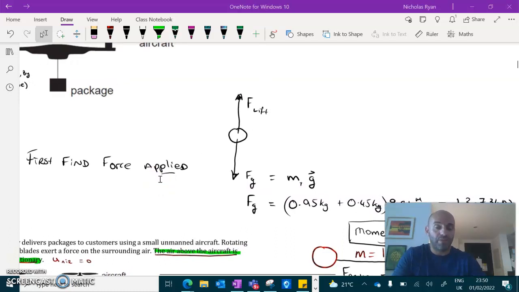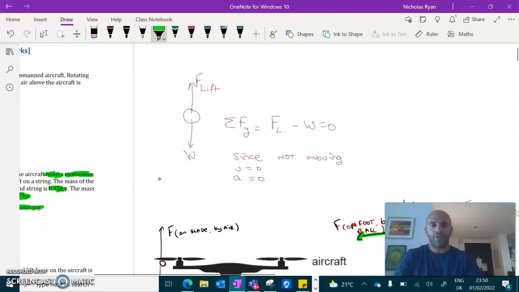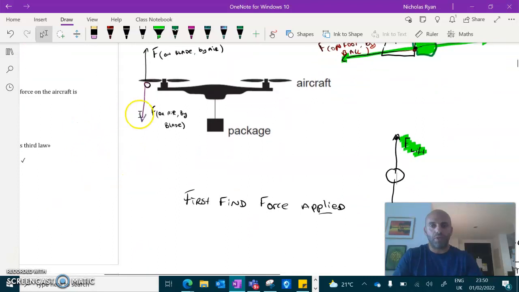The applied force on the air should be the same as the lift force, because we said from the previous part that the lift force felt on the air is the same as the force felt on the blade by the air.